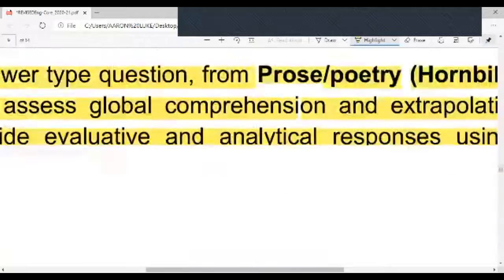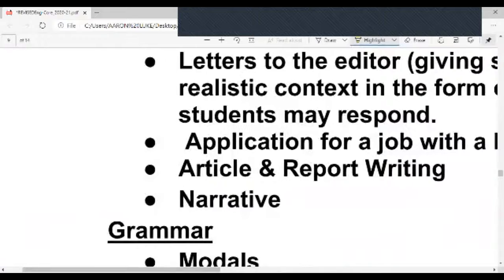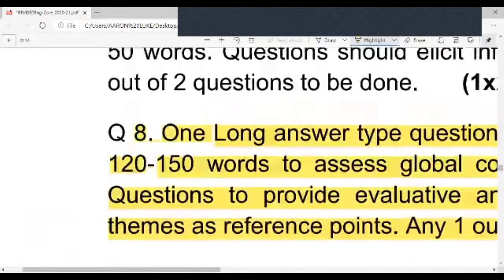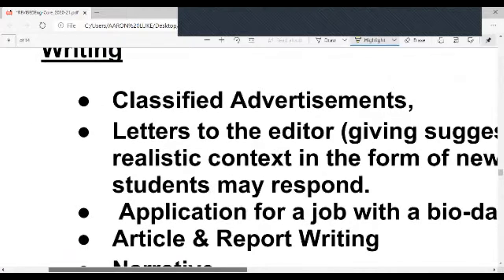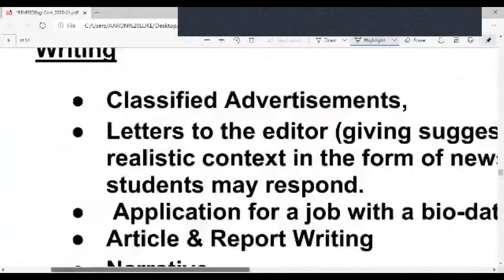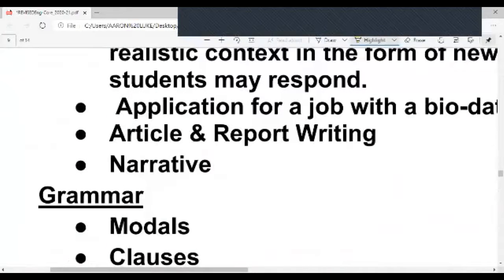Now, because of COVID-19, the board has drastically reduced the syllabus for better transfer of knowledge. Please note down the syllabus that has been deleted. We don't have classified advertisements, letters to the editor, application for a job, article and report writing, and narrative.